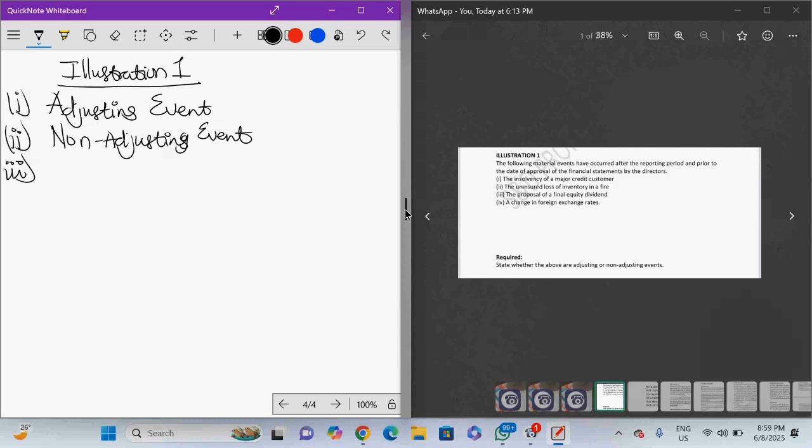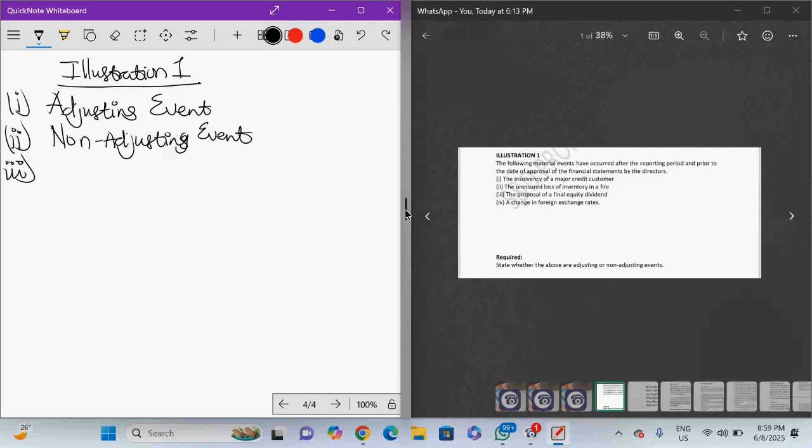If dividends are declared after the reporting period, those dividends cannot be recognized as a liability, right? Dividend payment is a liability to the entity. So when are dividends declared? Dividends are declared after the financial statement is prepared.